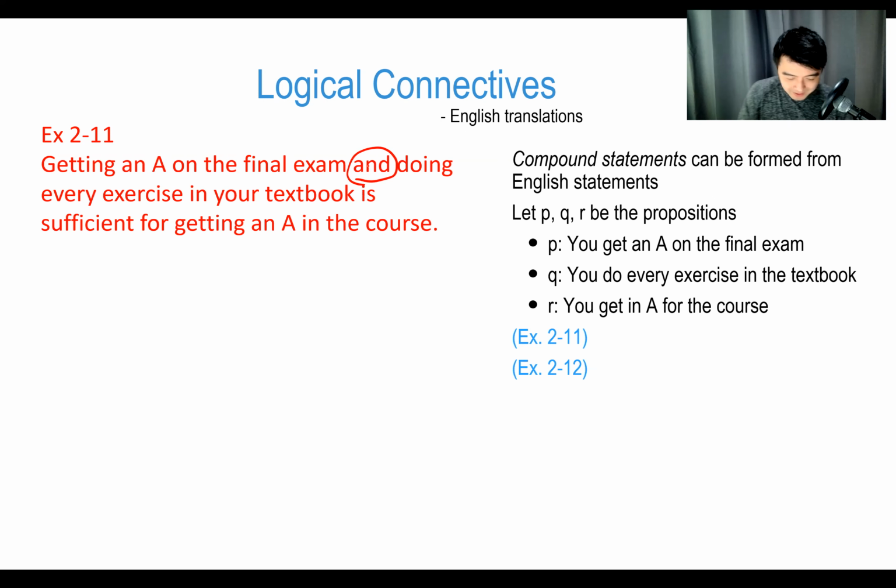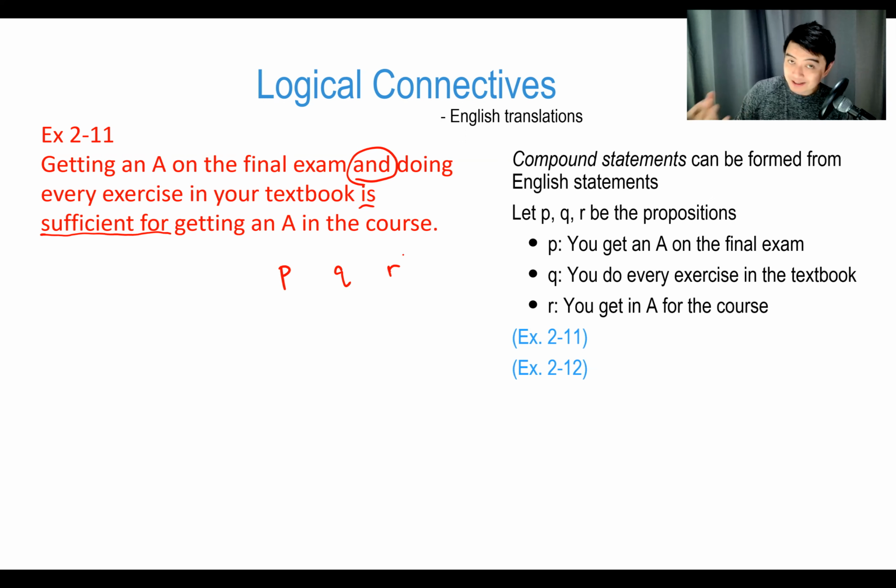We also have is sufficient for, which, as we said, is another connective. And I think that's about it. So getting an A on the final exam is translated as P. Doing every exercise in the textbook is Q. And getting an A in the course is R.